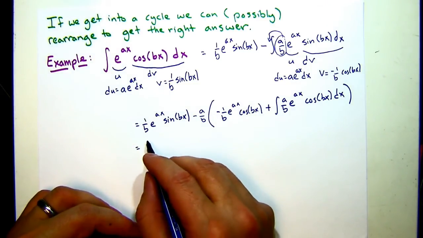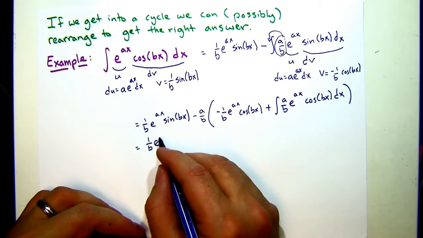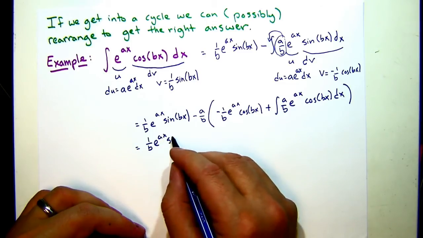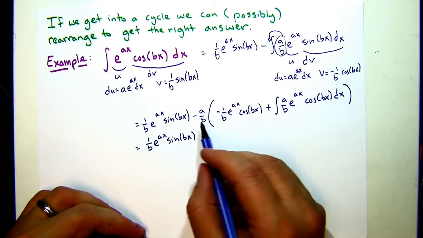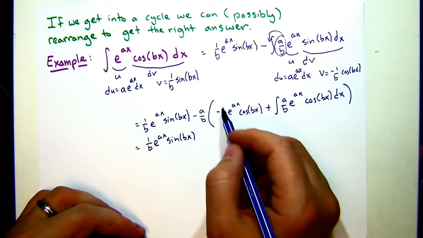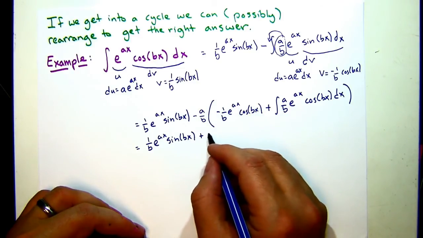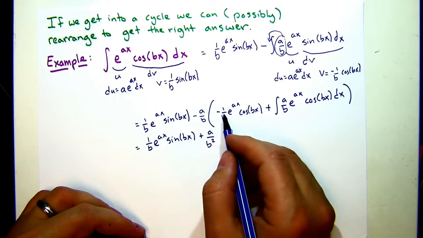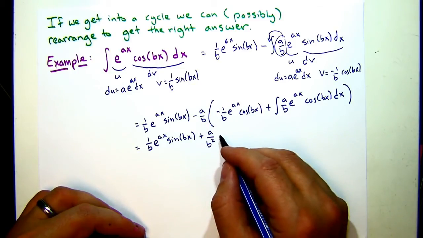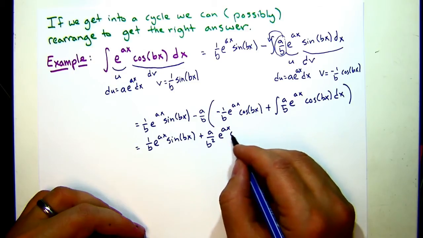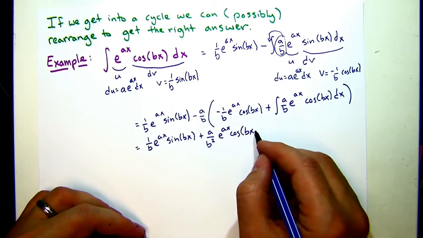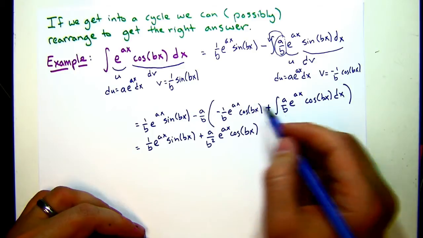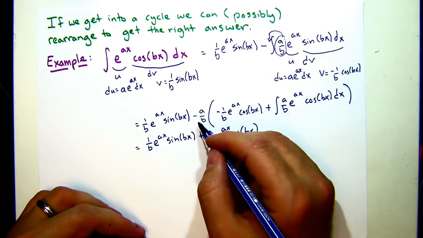All right, now at this stage, if we multiply this through, we have 1 over b e to the ax sine of bx. Here I'm going to multiply that minus a through, so that's going to be plus a over b squared. So minus a over b times minus 1 over b, a over b squared, e to the ax cosine bx.